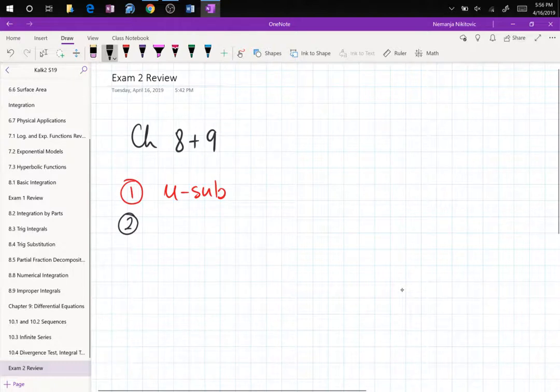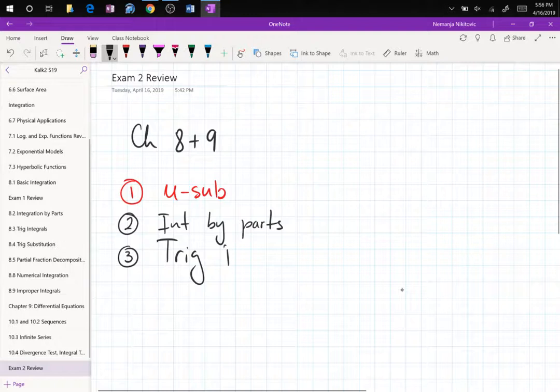The next one is going to be integration by parts. Number 3, trig integrals. Number 4, trig sub.